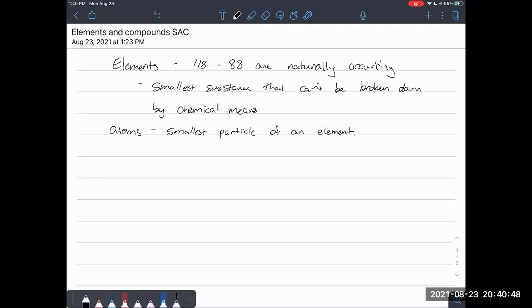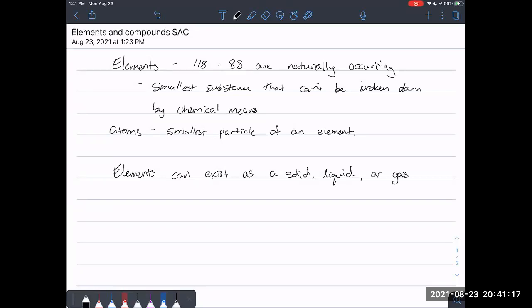Now, atoms exist in particular states, right? Atoms, and for that matter, elements, can exist as one of three states. They can exist as a solid, a liquid, or a gas.